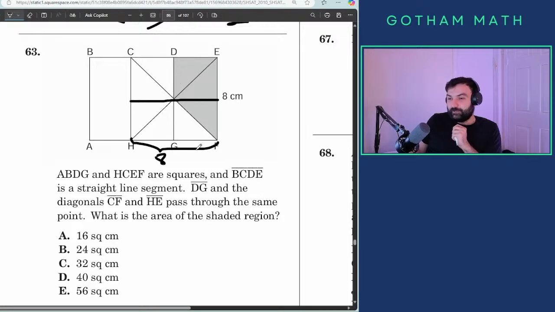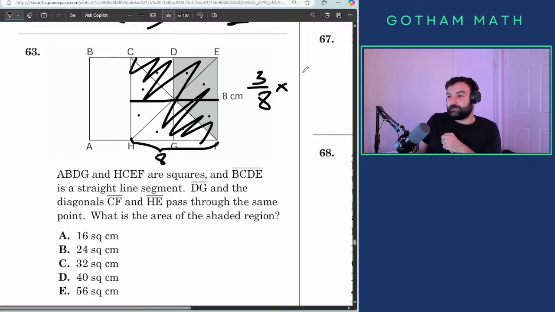Now we have 1, 2, 3, 4, 5, 6, 7, 8 identical pieces, and we have 3 pieces. So it's 3 out of 8 pieces. 3/8 of what? Of 64, because the full area is 64.